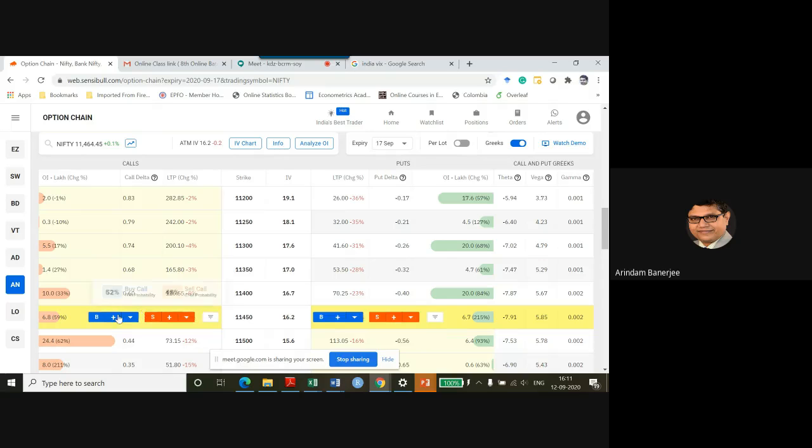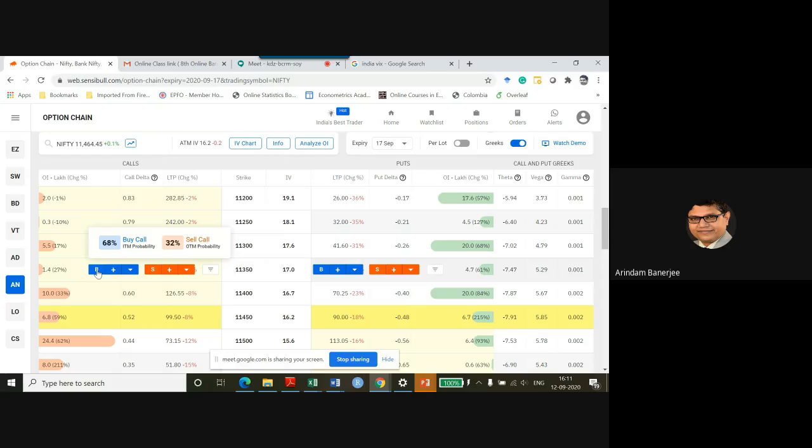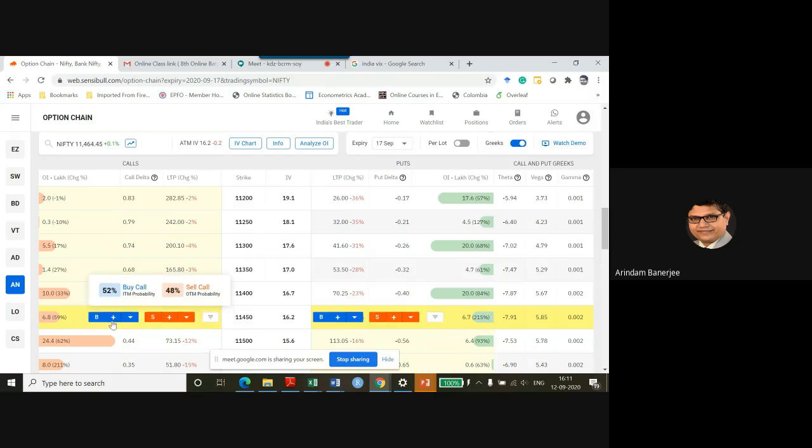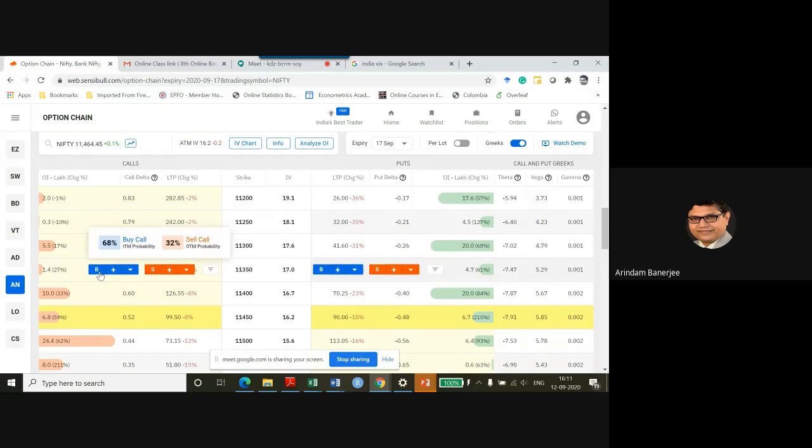So we can see from here also that for a call, the ITM probability is 52%. But if you go here, it has become 60. If you go more in the money, it is 68%. So for a call, the more you go in the money, the probability that you will end in the money on the expiry date, 17 September, increases.